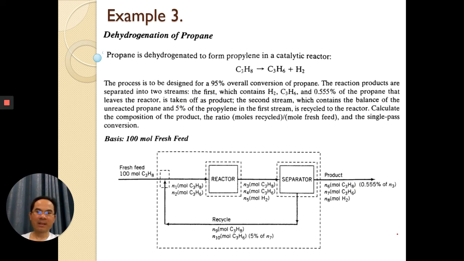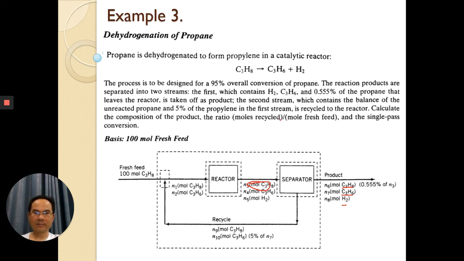For this case, what does it mean? The output includes the propane, propylene, and hydrogen. But 0.555% of propane leaves the reactor. This means 0.555% of propane from the reactor.